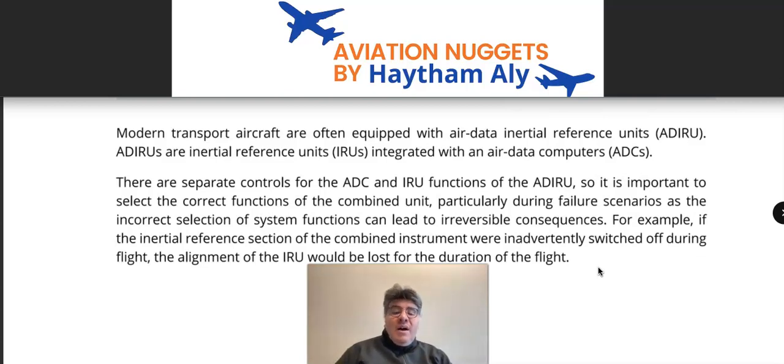So once the IR is aligned, it must stay on for the duration of the flight. If the IR alignment fails, you cannot align the IR system again during flight. Okay, everybody? So if you inadvertently switch off the IR part of the ADIRU during flight, the alignment of the inertial reference unit would be lost for the duration of the flight.